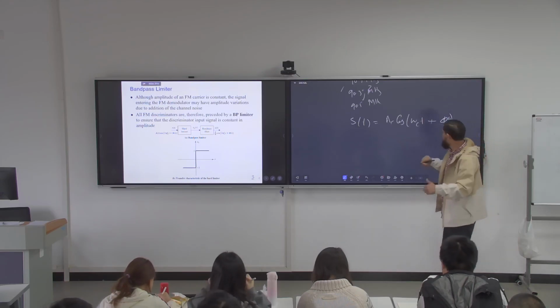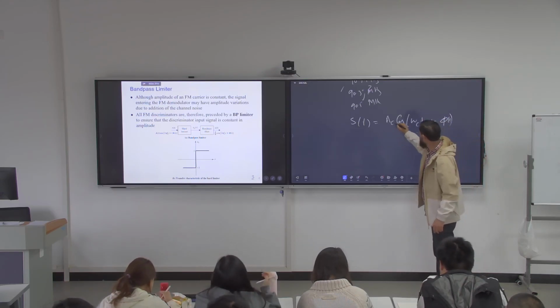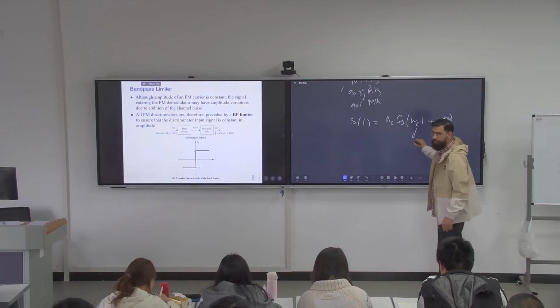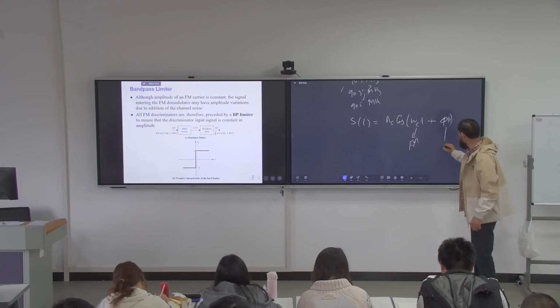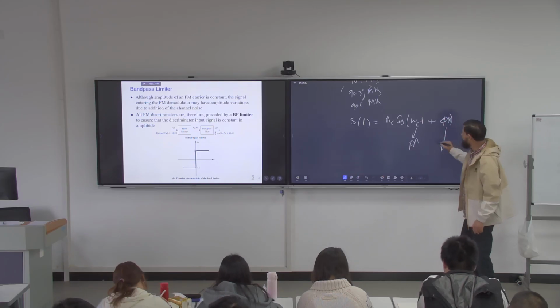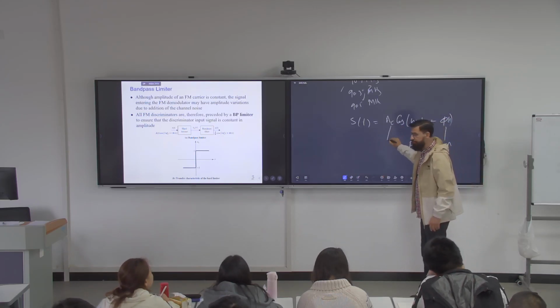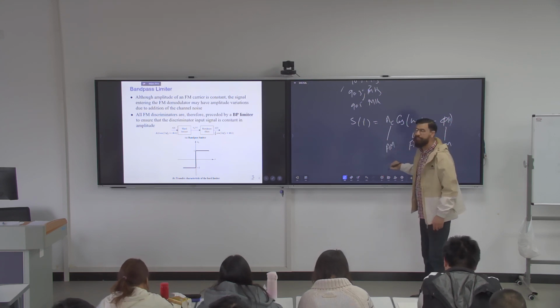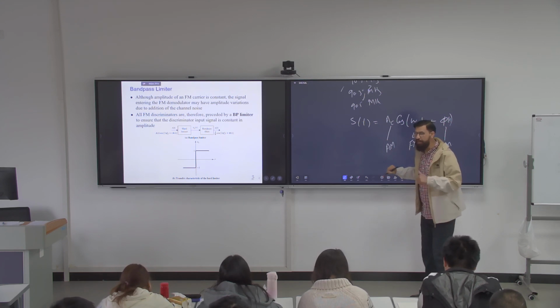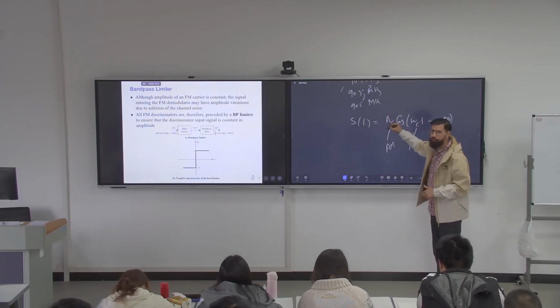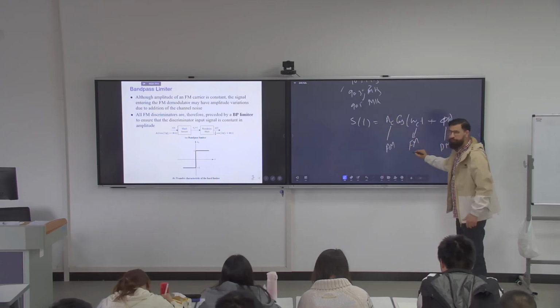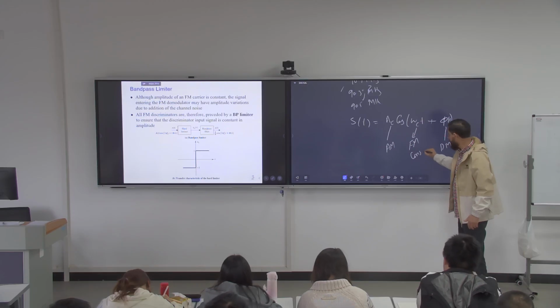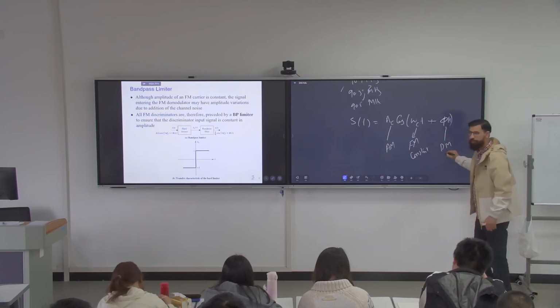If I'm varying the frequency, I call this FM. If I'm varying the phase, I call this phase modulation. If I'm varying the amplitude of the carrier, I call it an amplitude modulated signal. When I am doing amplitude modulation, I have to keep the others constant.